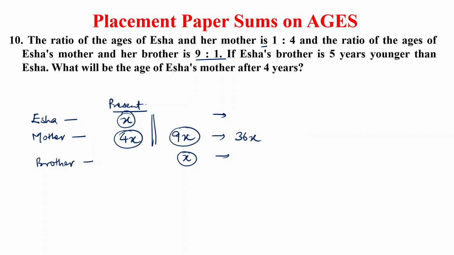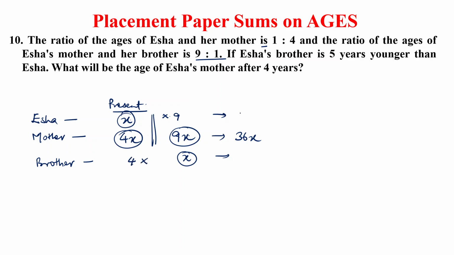Take the LCM. And this is x, right? When this is 4x, this has to be x. So what if it is 9 times? We have to multiply 9 times. So multiply by 9. And similarly, when mother is 9x, the brother is x, but in this case, what we have seen is 4 times. So multiply by 4 for this.